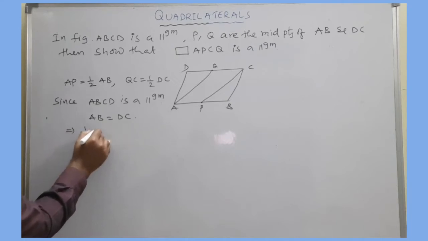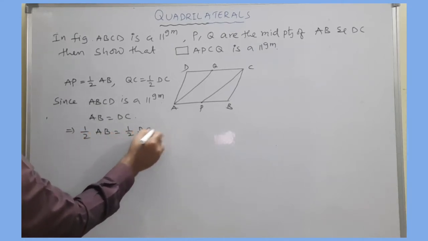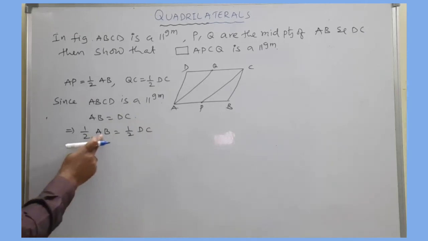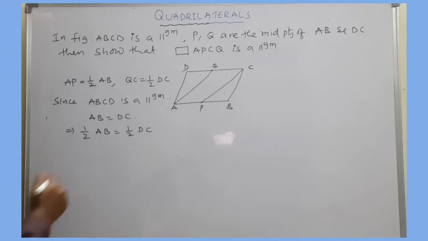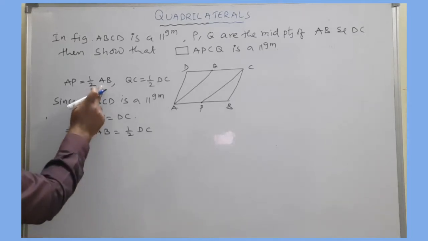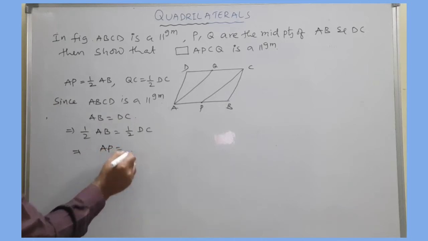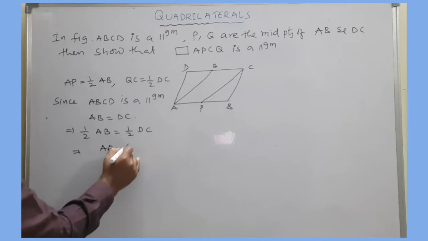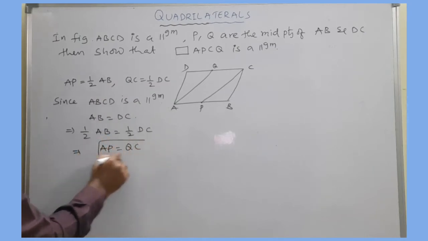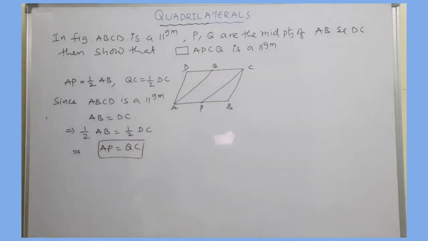If you multiply both sides with half, half of AB is equal to half of DC. But earlier we know that half of AB is equal to AP, whereas half of DC is equal to QC. So we got that AP is equal to QC.